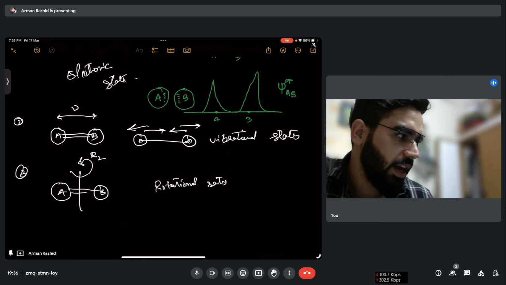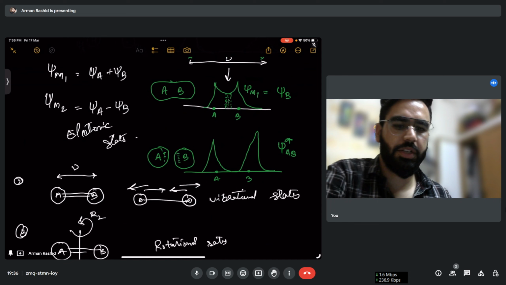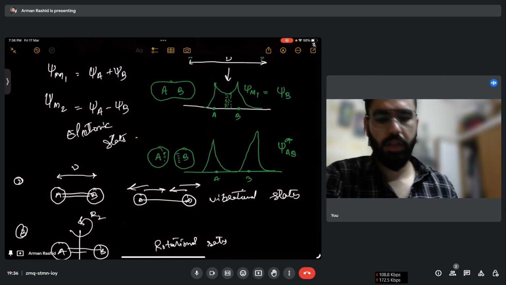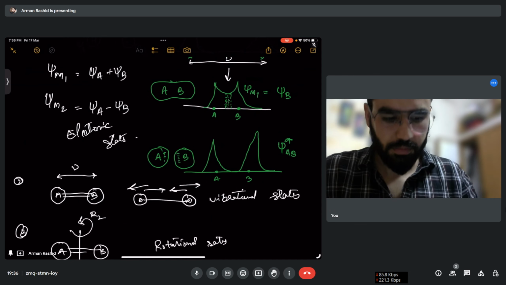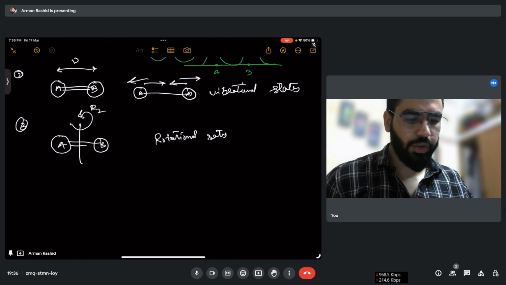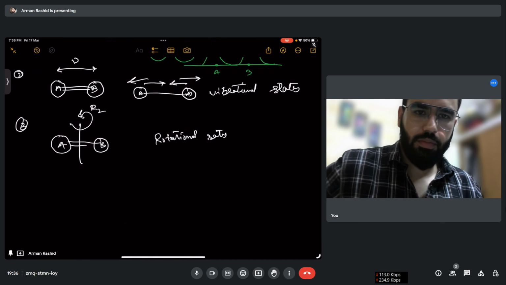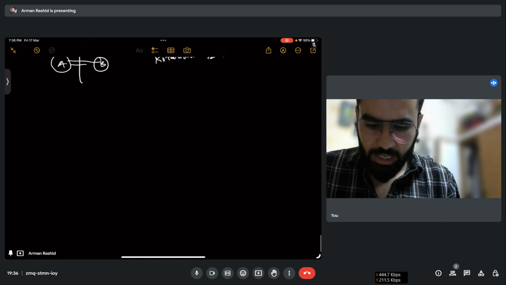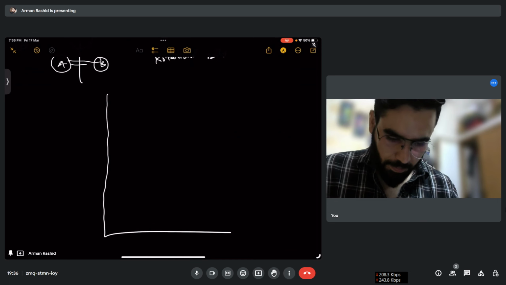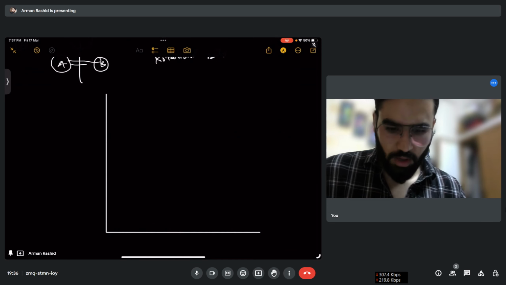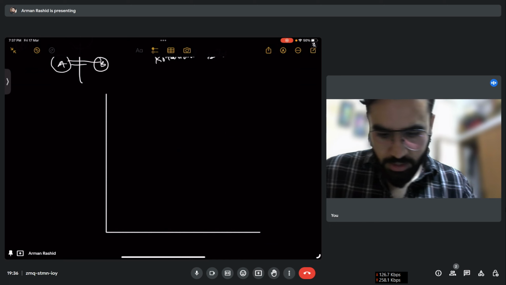Cool, so we have electronic, vibrational, rotational. Now we'll represent an energy surface like this.